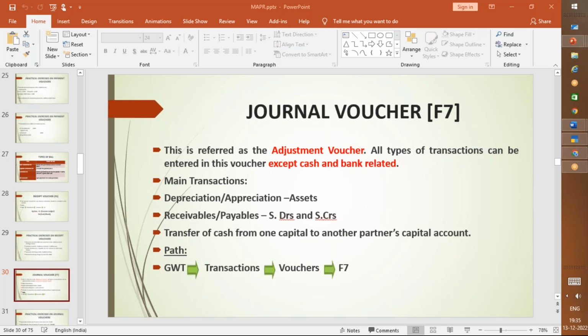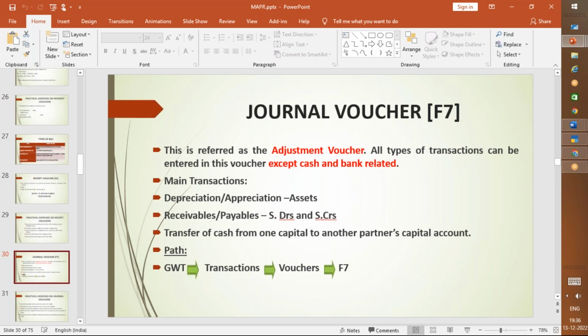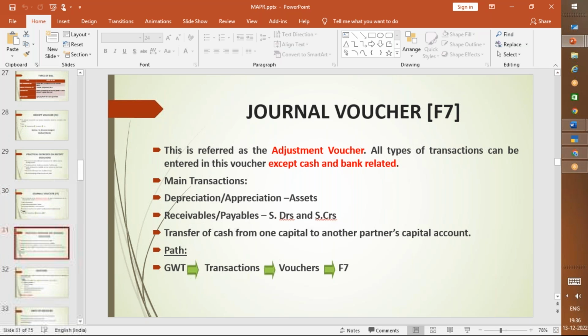So main transactions are appreciation, depreciations, receivables, payables, where you have some changes to be done in these transactions. So transfer of cash from one capital account to another partner's capital account will be done in this journal voucher. Okay, F7 is the shortcut key. Just take down this. You can underline adjustment voucher or write it in double inverted commas.